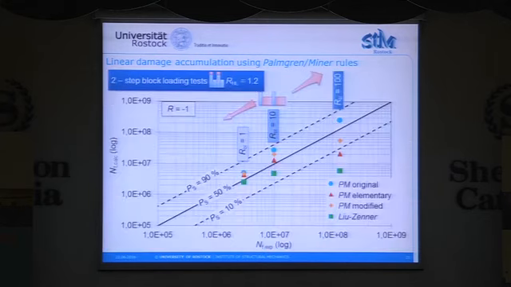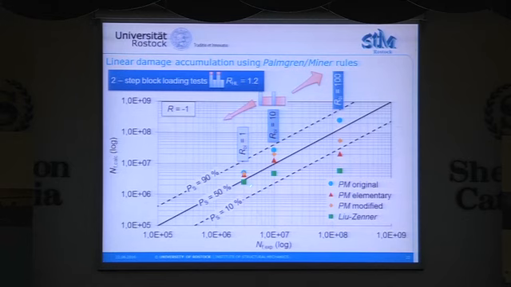Here are the results in terms of the number of cycles to failure, which we calculated, over the experimentally determined number of cycles to failure. You can also see here the probability of survival of the experimental data. What you can see is that for the same number of cycles in the high and in the low block loading, you have nearly no difference between the different primary and minor rules.